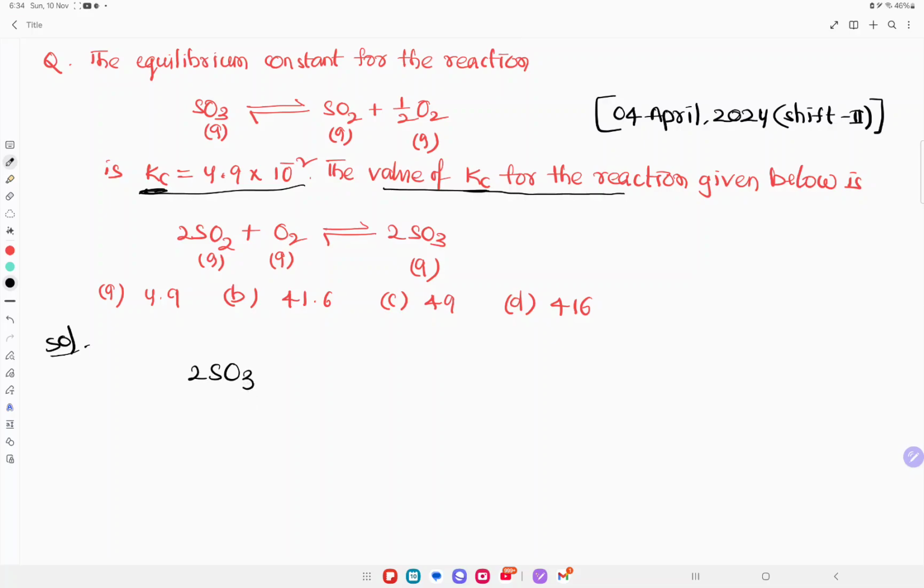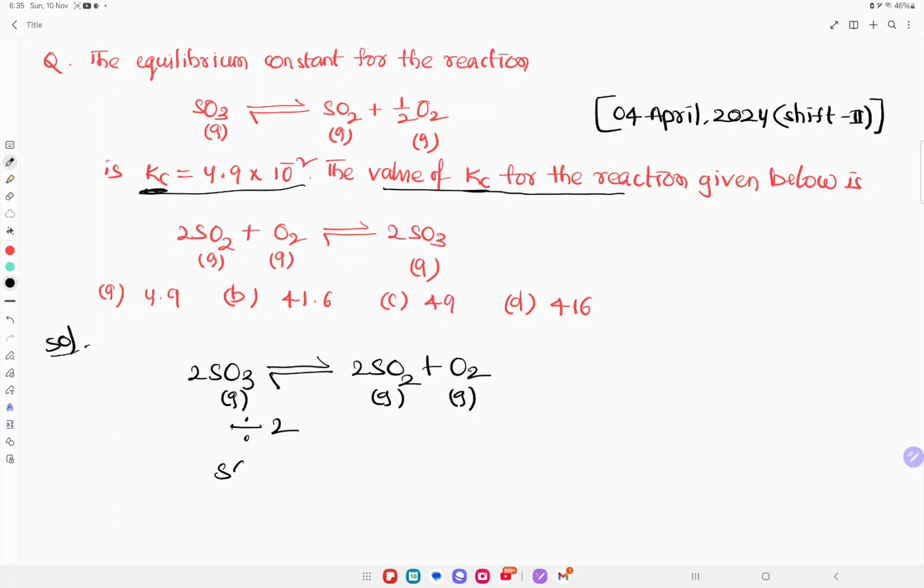2SO3 gives rise to 2SO2 plus O2. So the second equation is reversed, and we divide the equation by 2.